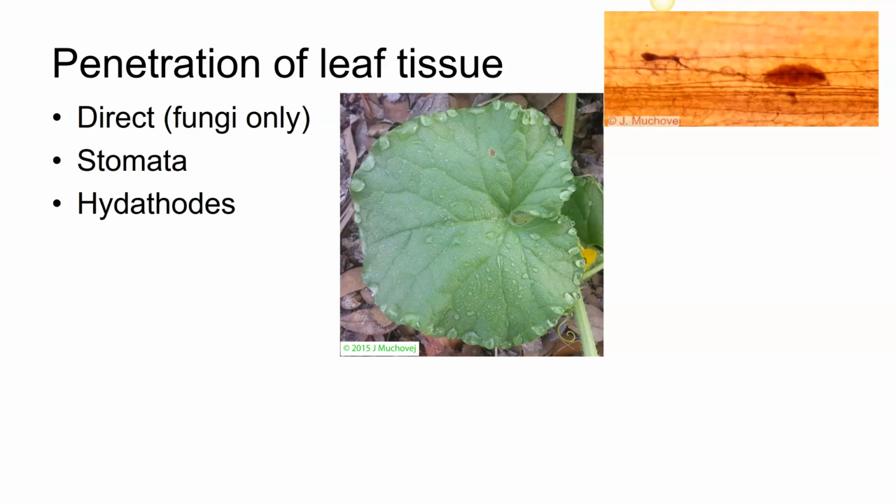We talked about the hydathodes being the outer end of the vascular tissue. What happens is as the plant is nearing the end of the day, it's been pulling up moisture all day long. It stops needing all that pull-up of moisture. It takes it a while to shut down the pressure of pulling the moisture up. While it's doing that, moisture will actually go out the ends of the vascular tissue in what we call the hydathode.